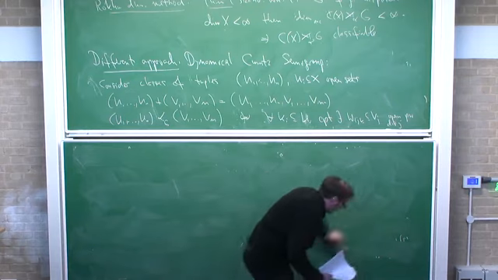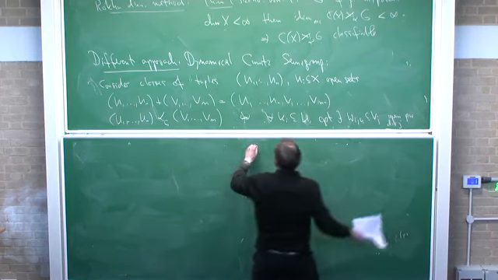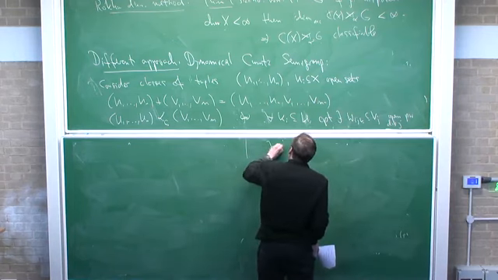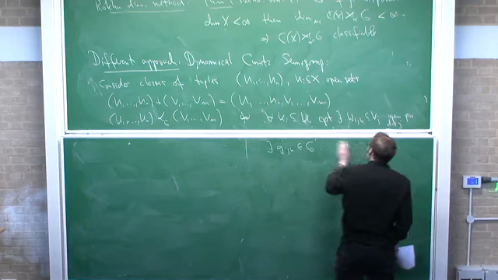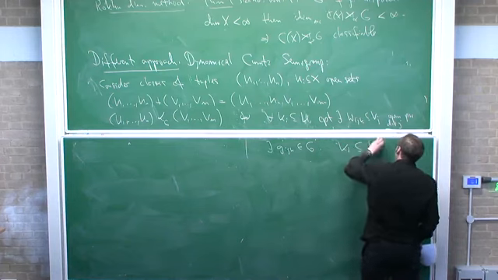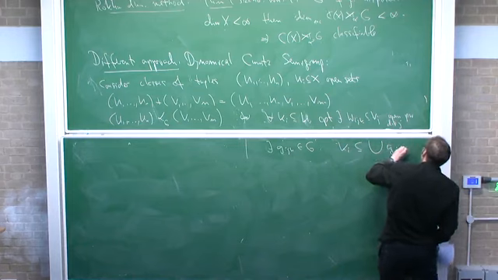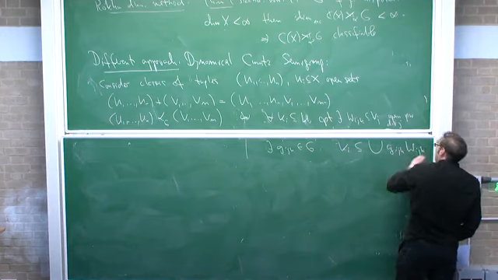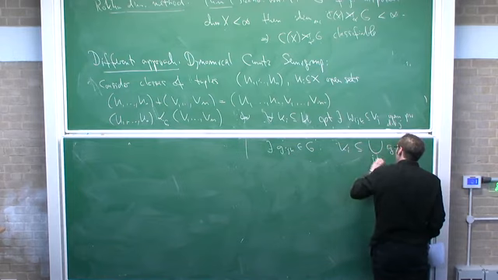Then there also exist Gij in G such that the Ki's are covered by the Gij Wij, where we take the union over j and k.